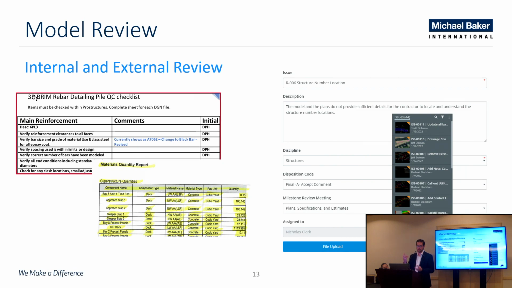To do that with having the model so that you can rotate around that, see all the different elements, be able to click on an element, create an issue, say what that issue is, maybe attach a picture or a report or something to that, and that gets assigned directly to the designer. The designer can then address that issue, change the disposition, reassign that back to the reviewer, and now there's a paper trail there. And then ultimately we're able to report out on this review tool so that we have that audit for later on as well.